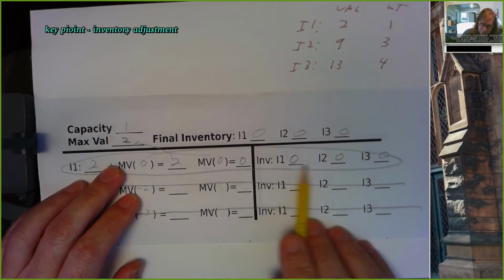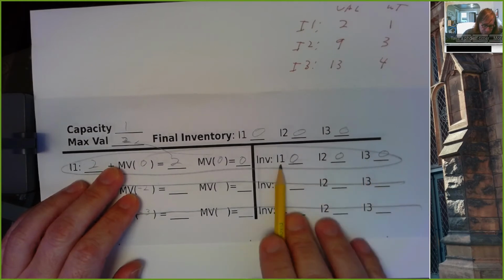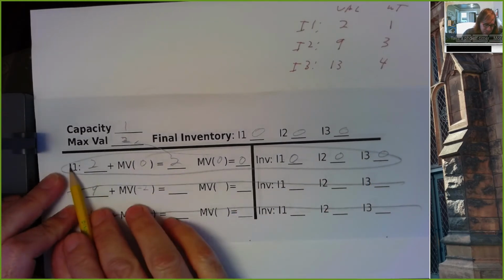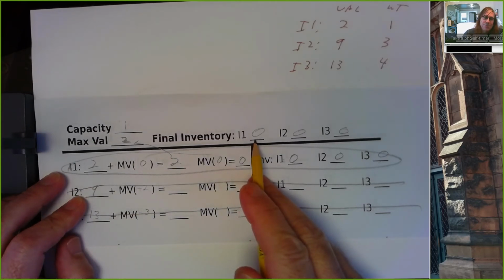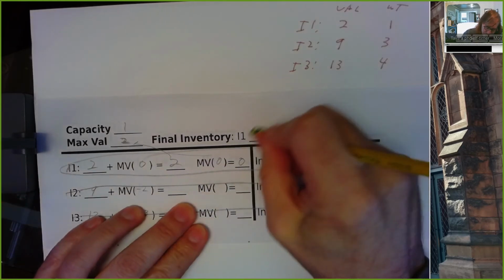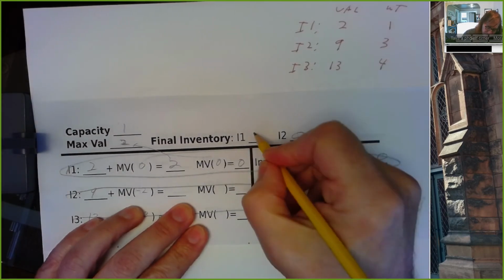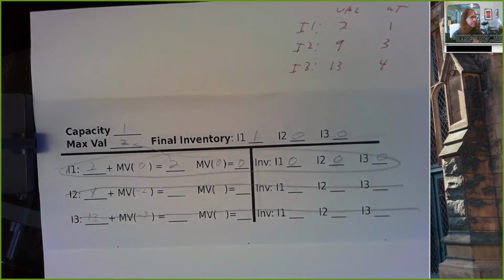Max val of 0 returned this item count. We're getting our max val of 1 by adding 1 of item 1. So we're going to bump up the count of item 1 by 1. So this is going to change from a 0 to a 1. Okay, and that's the key point to keeping track of the inventory.